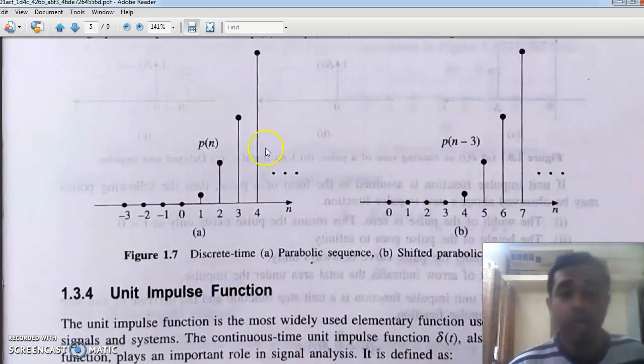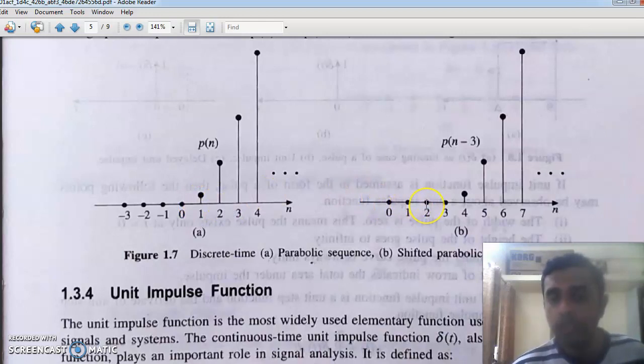And what is p of n minus 3? The starting point here is 0. So where should be the starting point? The starting point is where n minus 3 is equated to 0, that is at n is equal to 3. So this was my starting point, that is delayed by 3 samples, that is 1, 2, 3.